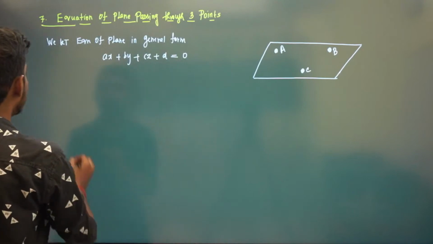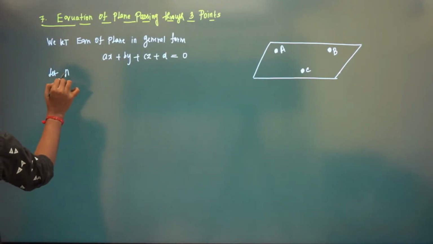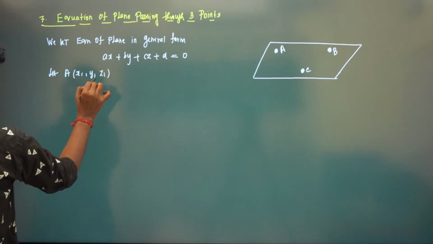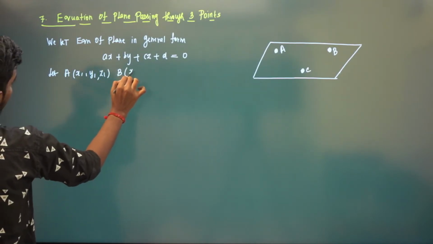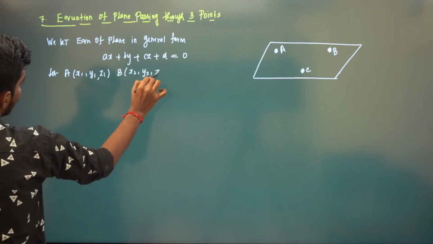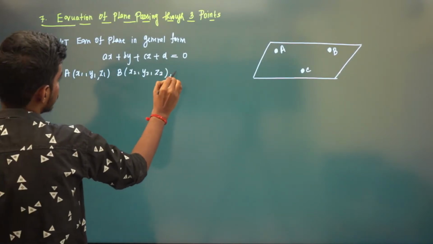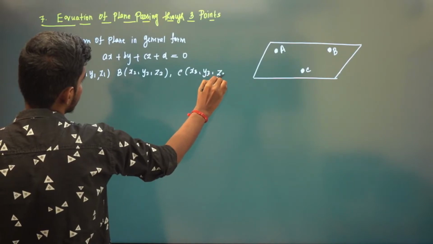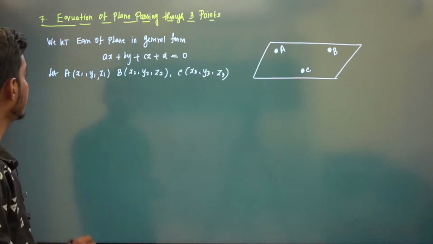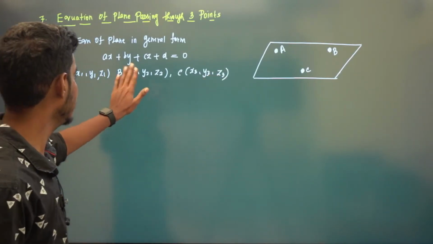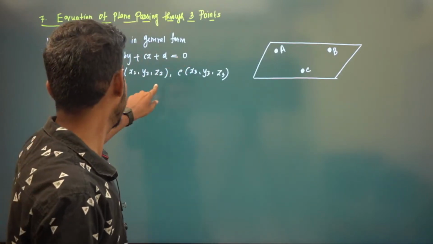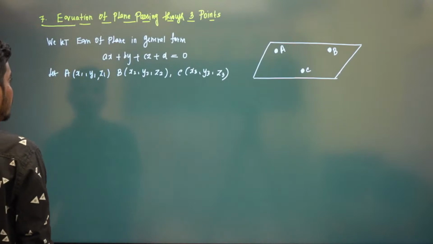Let A be x1, y1, z1, B is x2, y2, z2, and C is x3, y3, z3. Now we can see all these points will lie on the plane. That means these 3 points will satisfy this condition, right?